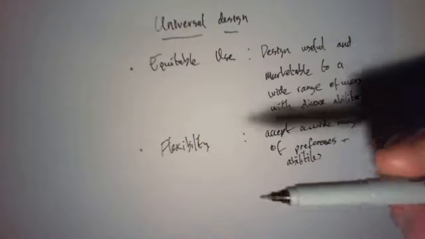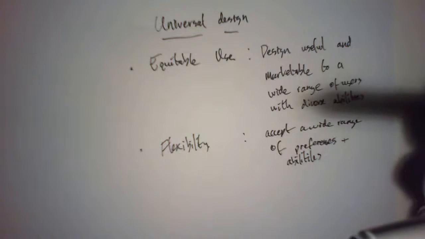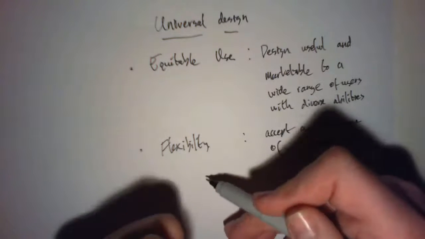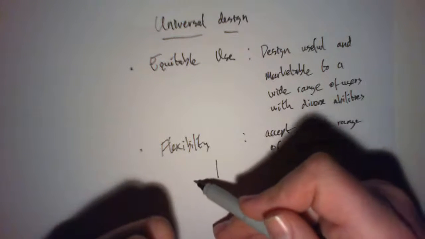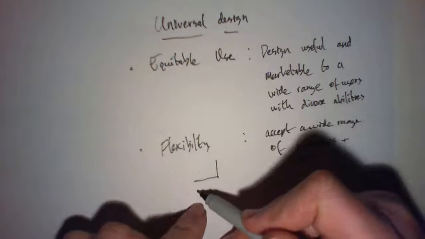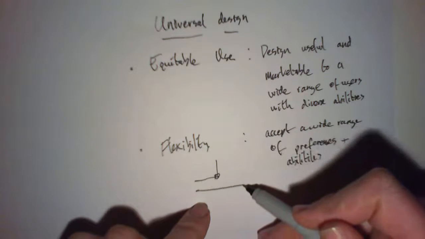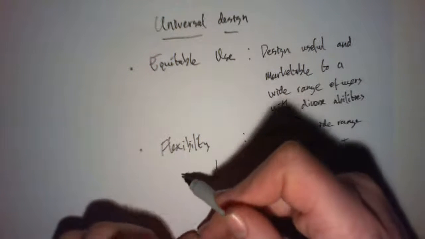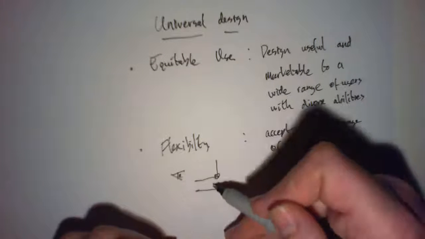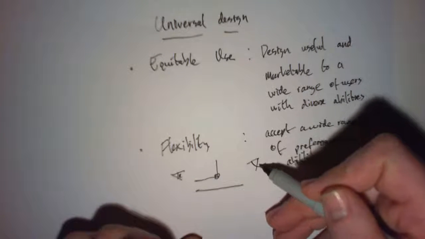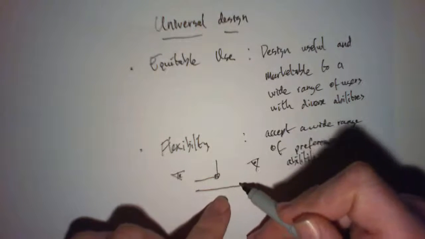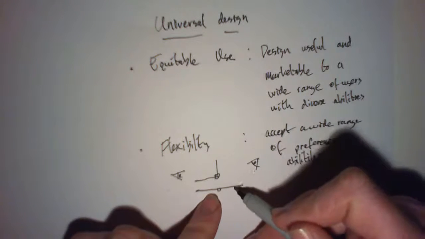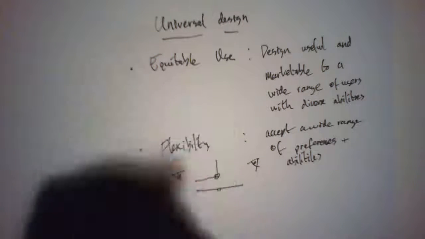Let's say you're designing a laptop. Standard laptops are L-shaped when you open them, but can you make the hinge in such a way that it can be turned into a phablet, or a tablet, so that a person looking down this way can see it, but also the person looking this way will be able to see it as well. And you see that now with a lot of them, they have a full 360 or 180 hinge. So that's the idea, the flexibility, wide range of uses.